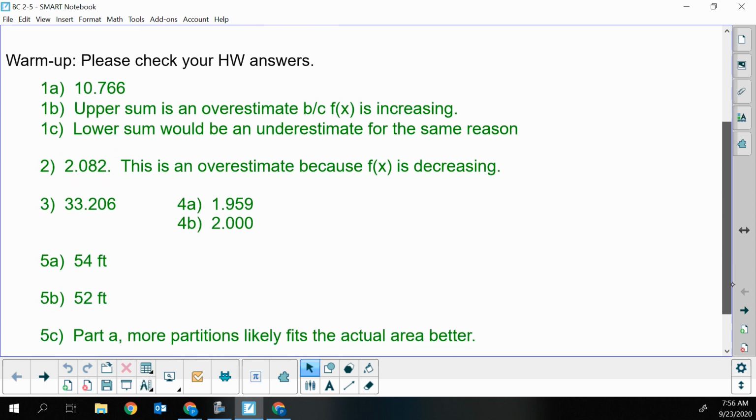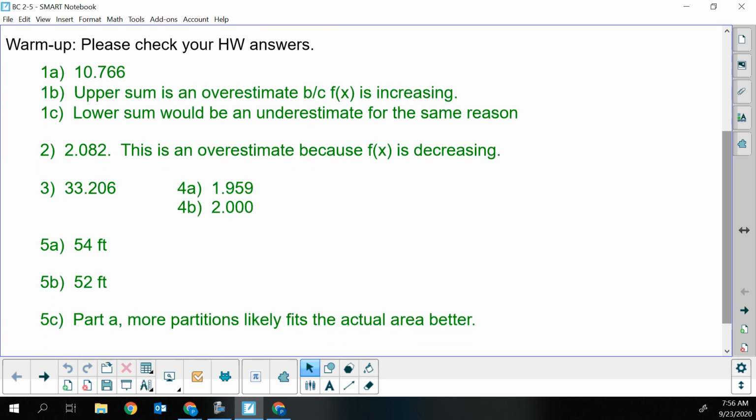Okay, there's your homework answers, so you can pause it so that you can check each of those answers and then unpause it when you're done checking them. And then I'll pause for a moment on each of the worked out solutions so that you can check those.